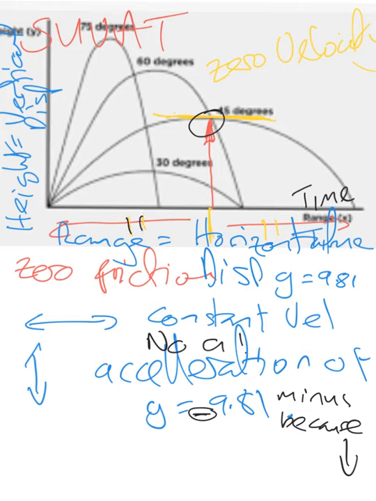So if you know the time to the maximum height, you know the overall time the ball was in the air, and you know the range as well. So it's fairly easy to get your head around that. So from that, you can imagine the horizontal velocity. Imagine something in space just being pushed at constant speed.